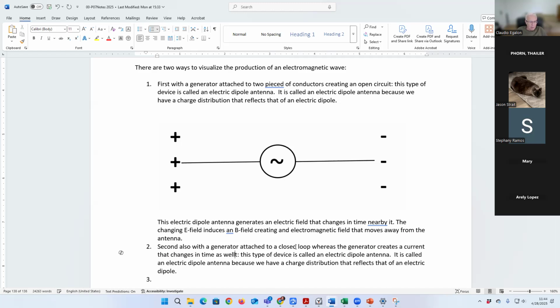This type of device is called not an electric dipole antenna, but a magnetic dipole antenna.